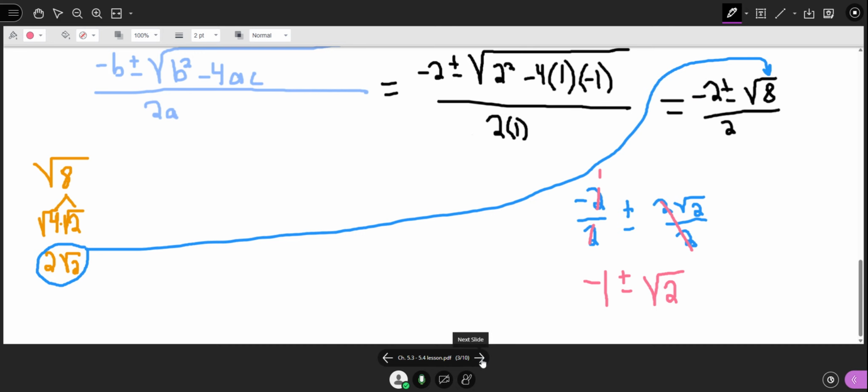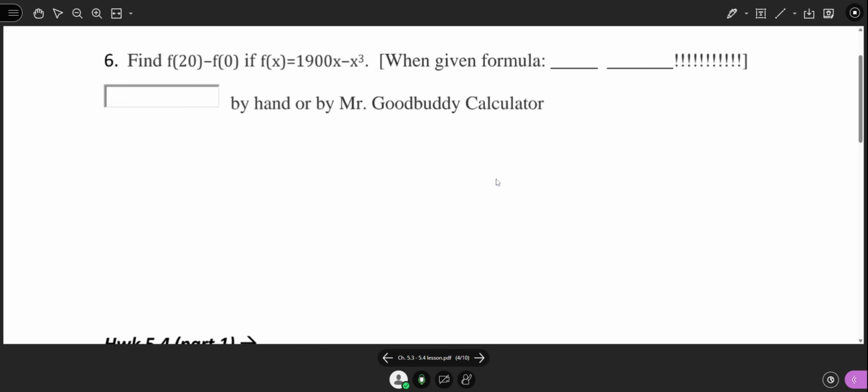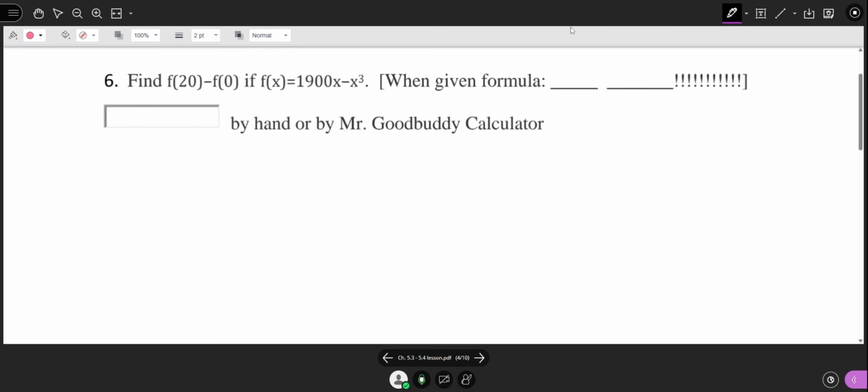Now, last page. Believe it or not, everybody treats this like it's a big fat hairy deal. And I promise you, this ain't nothing. When given a formula, use it.